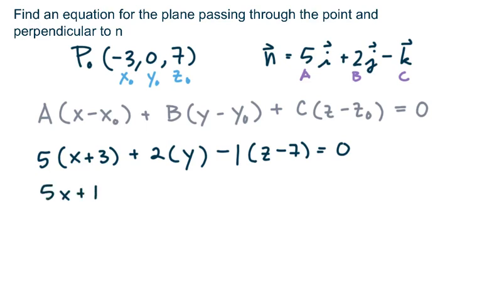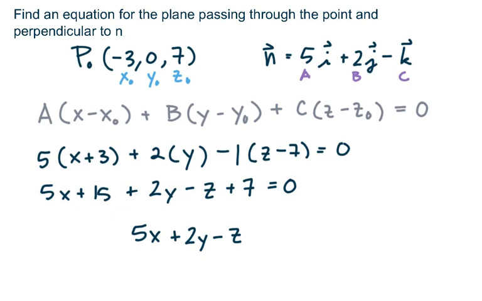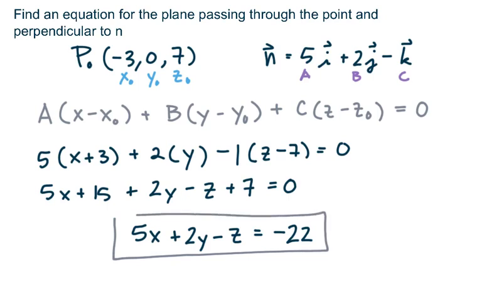This is 5x plus 15 plus 2y minus z plus 7 equals 0. And rearranging our terms, we get 5x plus 2y minus z equals negative 22. So that is the plane which passes through the point and is perpendicular to that specified n vector.